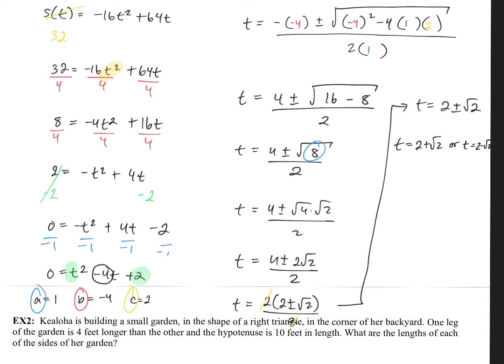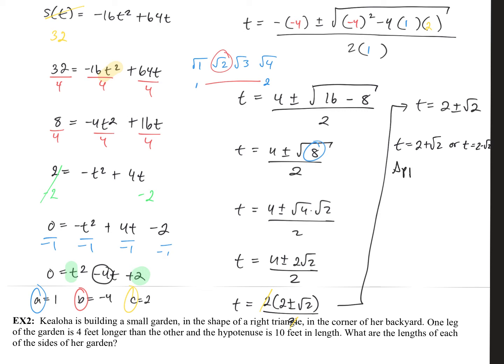So to approximate this, what is root 2 near? Well, root 1 is 1. What's the next perfect root we know? We don't know root 2, we don't know root 3, but we do know root 4, and root 4 is 2. So I know that root 2 is in between 1 and 2. So let's go ahead and pick roughly 1.5.